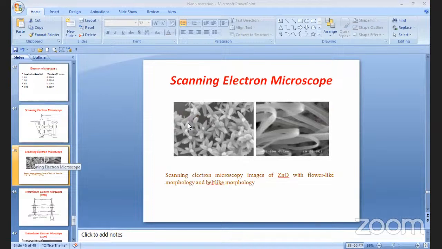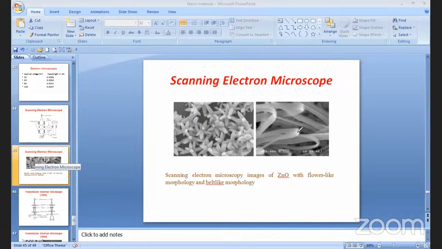This is a scanning electron microscope image of ZnO with flower-like morphology and belt-like morphology.